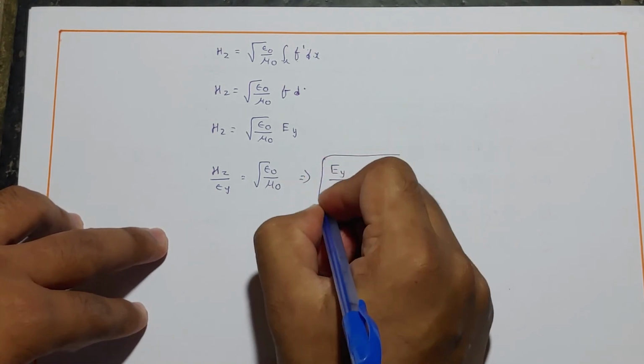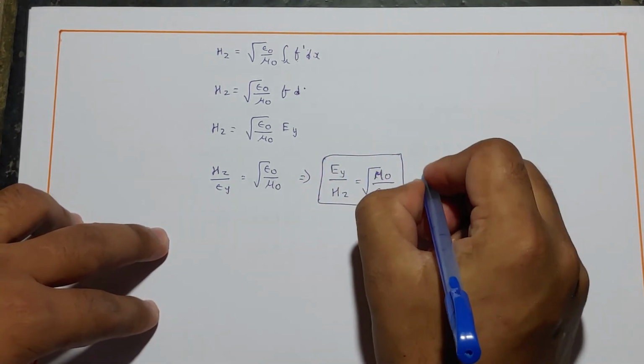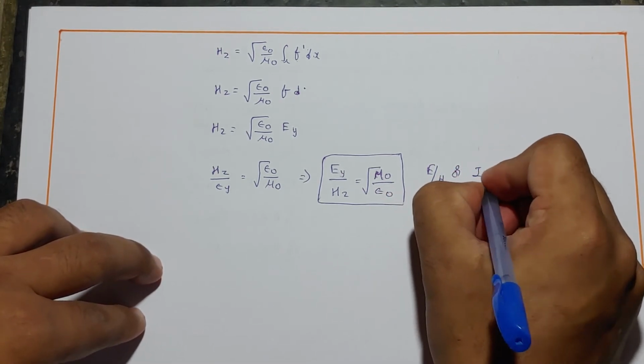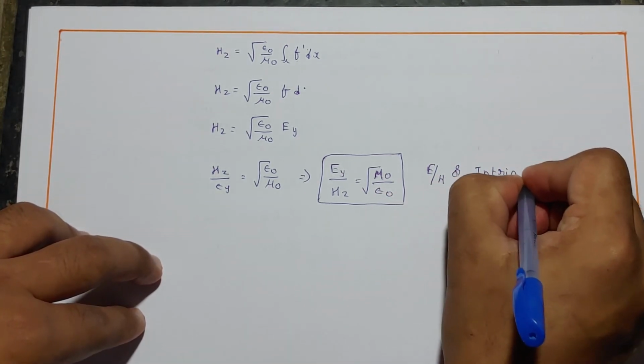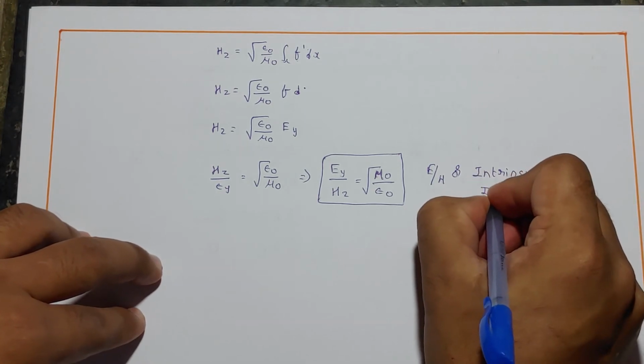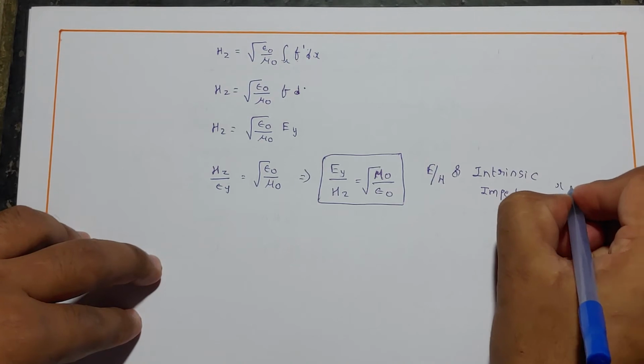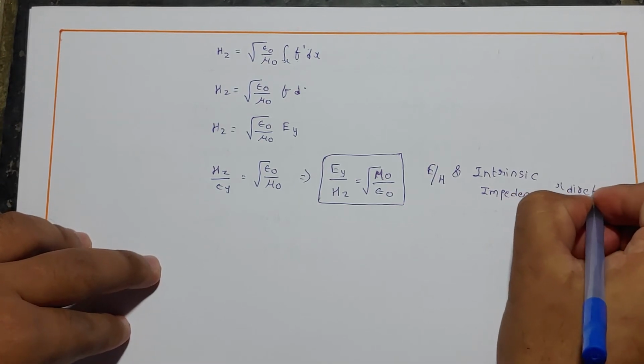This is our needed term, E by H, or intrinsic impedance. Intrinsic impedance for a term propagating in x direction.